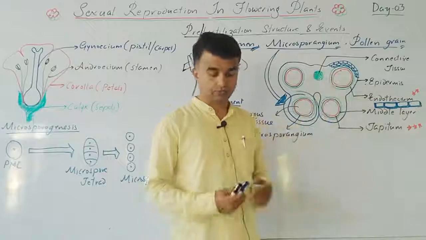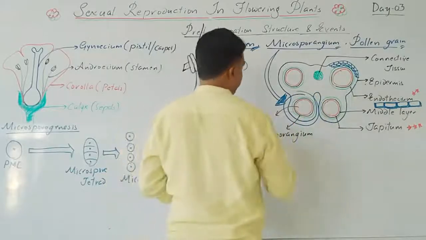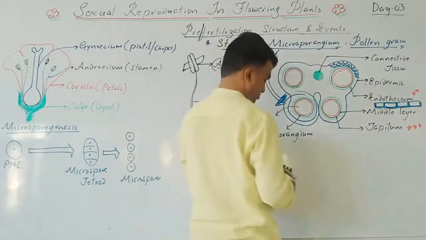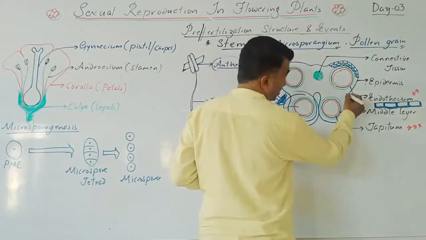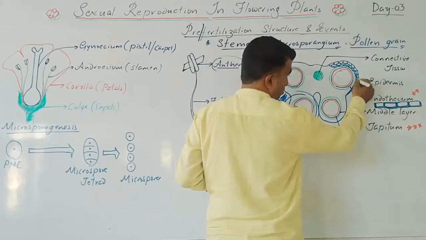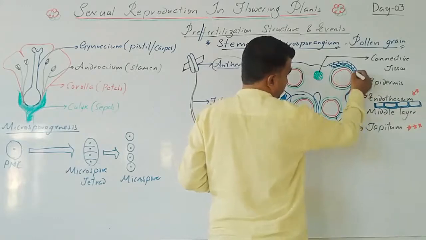Yes, so the main point is that the epidermis and endothecium are very thin at this point, compared to the thick layer elsewhere. So this is the epidermis and endothecium.